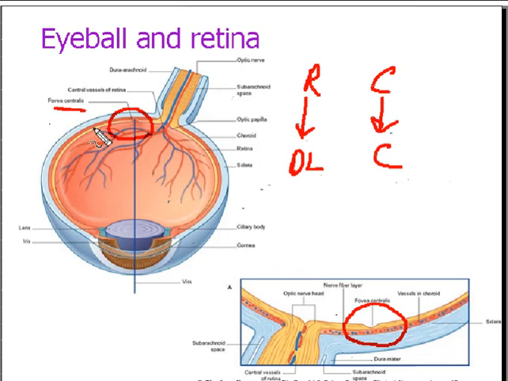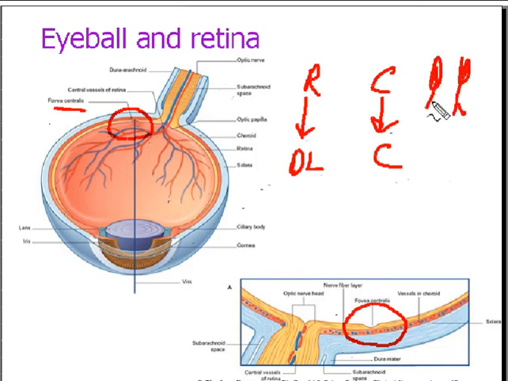Now, the rods and cones, which are the photoreceptors, make contact with a second layer of the retina, which is the layer of bipolar cells. So let's say these are the rods and cones, and their axons make contact with these bipolar cells.